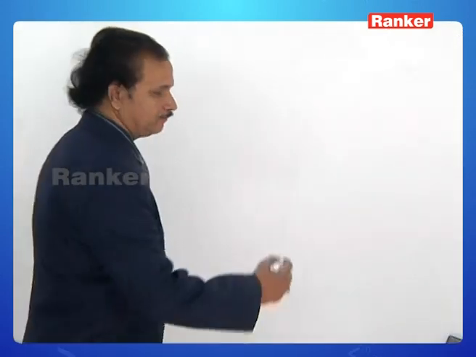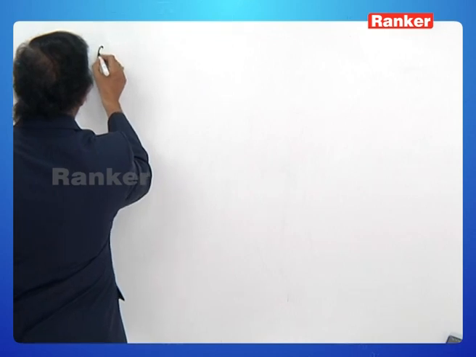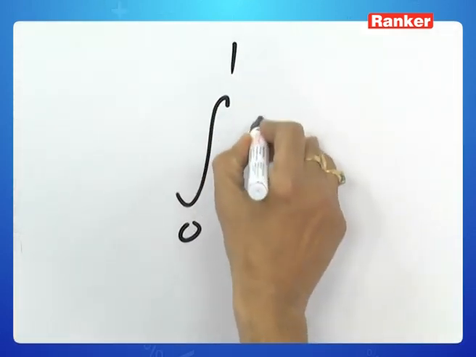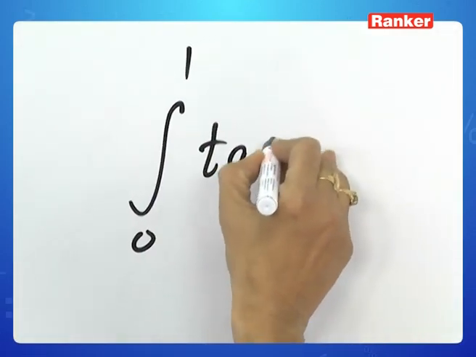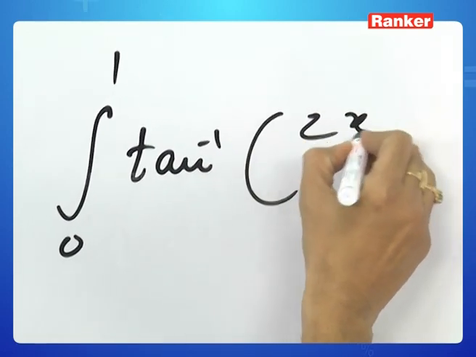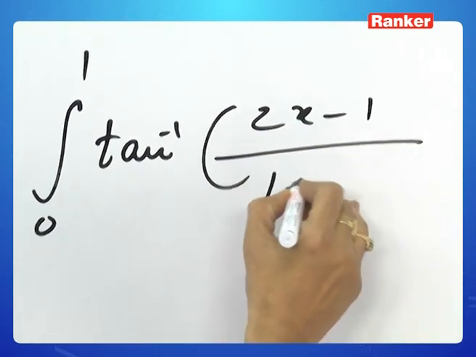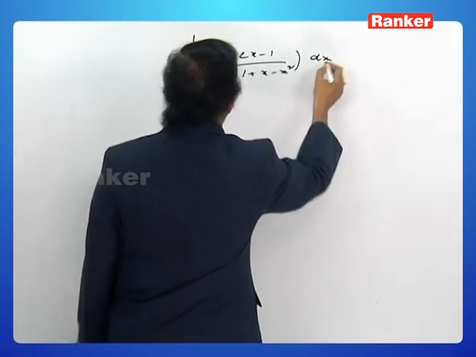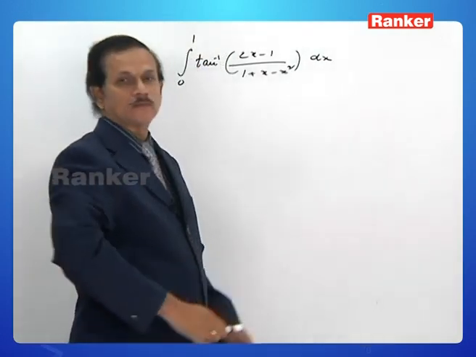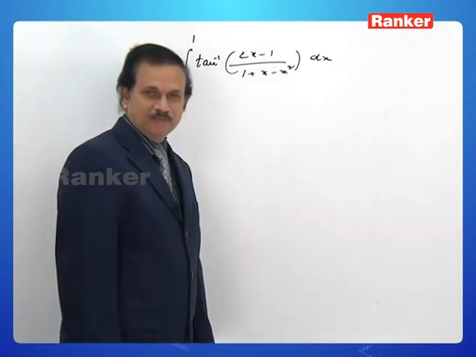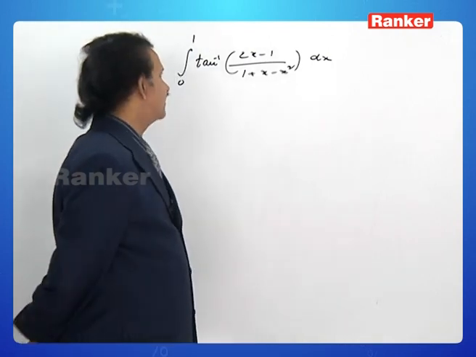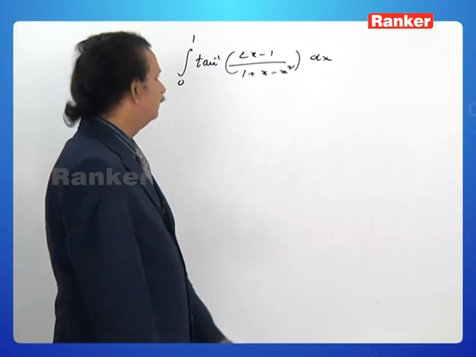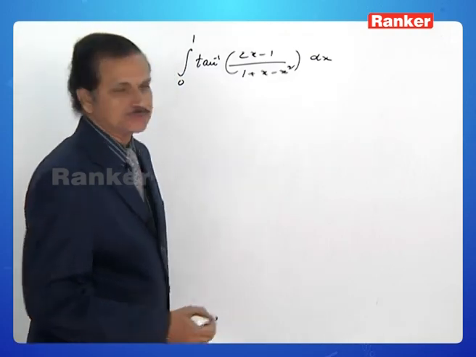The next problem is integral 0 to 1 of tan inverse of (2x minus 1) by (1 plus x minus x square).